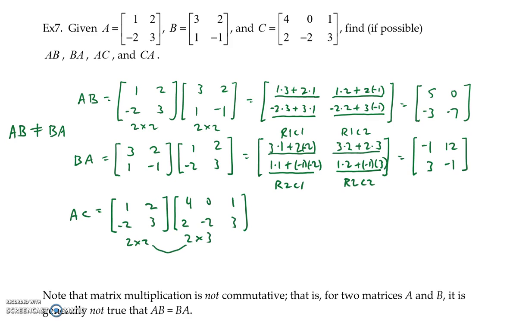Notice the inner numbers here match, meaning this product is defined. The outer numbers determine the order of the resulting matrix, which is, like matrix C, 2 by 3. So what we're going to have here are 6 entries with 2 rows and 3 columns. 1, 2, 3, 4, 5, 6.